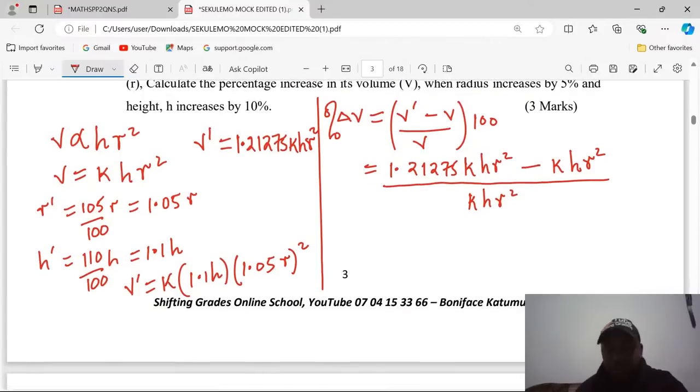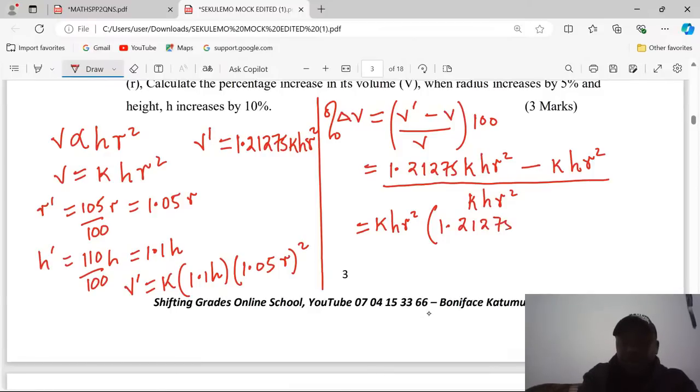Looking at this, we can factor out all these variables and cancel them. K H R squared cancels, and we remain in brackets with 1.21275 minus 1. Then we are dividing by K H R squared, so this can cancel out.